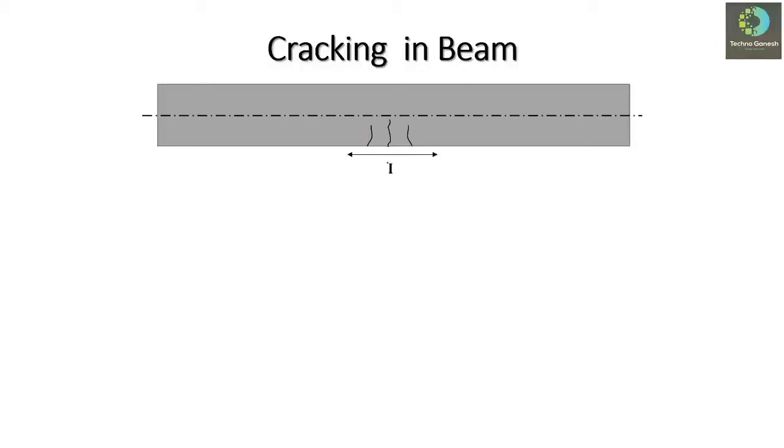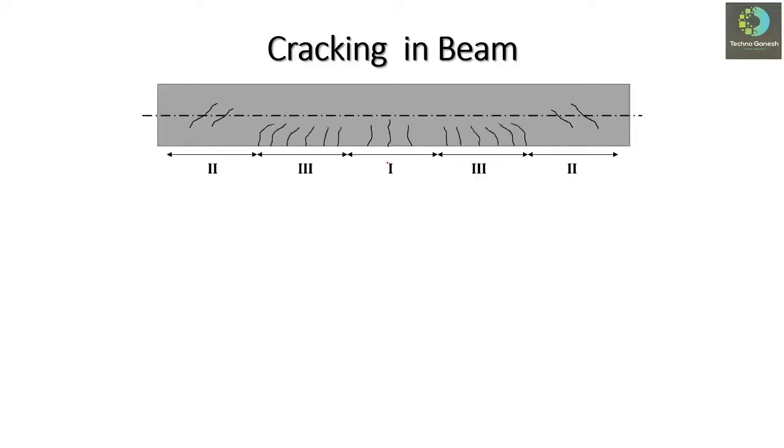Then in region 2, the main predominant parameter is the shear stress, and due to these shear stresses the diagonal tension will get developed, which results in the formation of diagonal cracks. Then in region 3, the main reason for the crack formation is the mixed action of bending as well as shear.